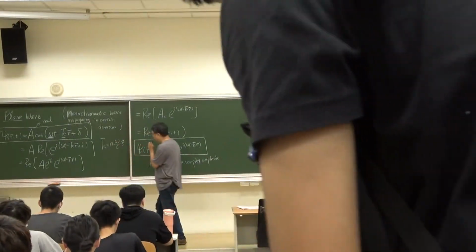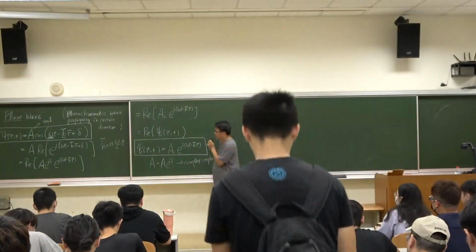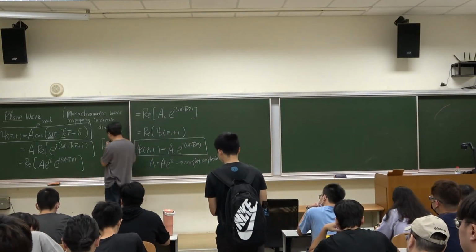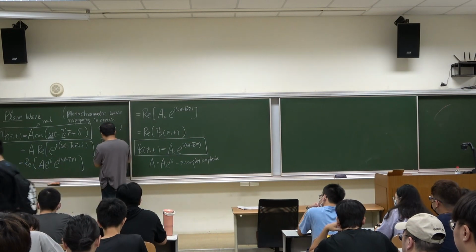Along the wave vector k, k is equal to n times omega over c times a unit vector. I denote the unit vector as s. Then k can be written in this form.